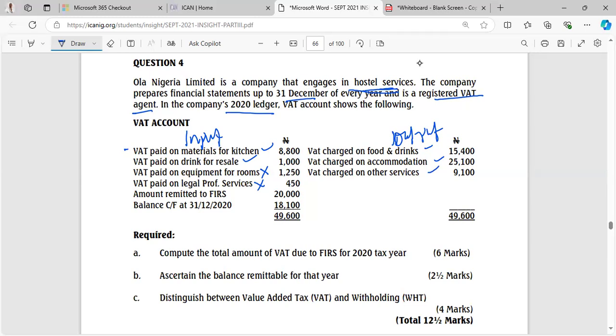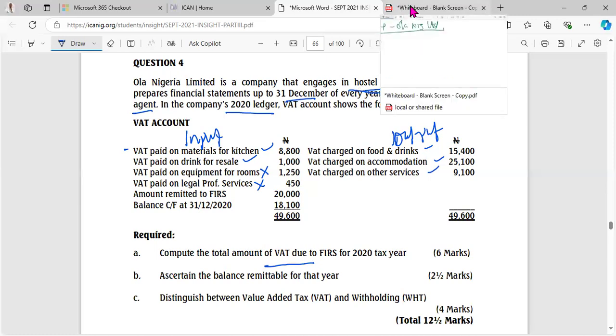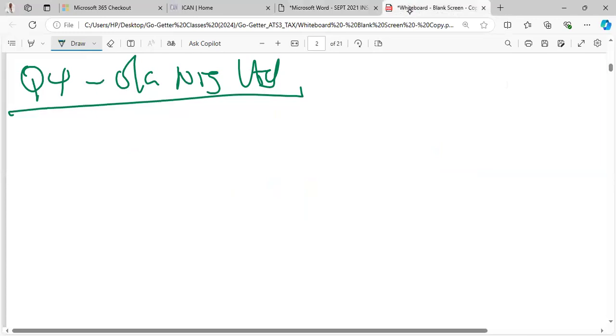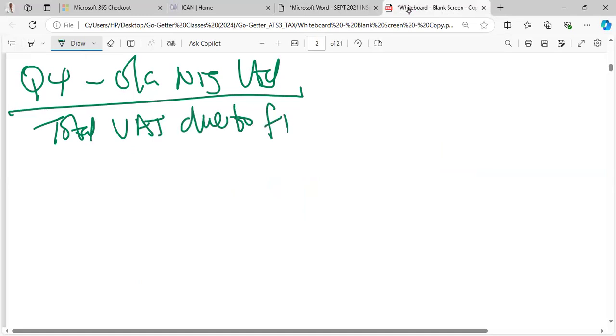So now we are asked to compute the total amount of VAT due to the FIRS for the 2020 year of assessment.